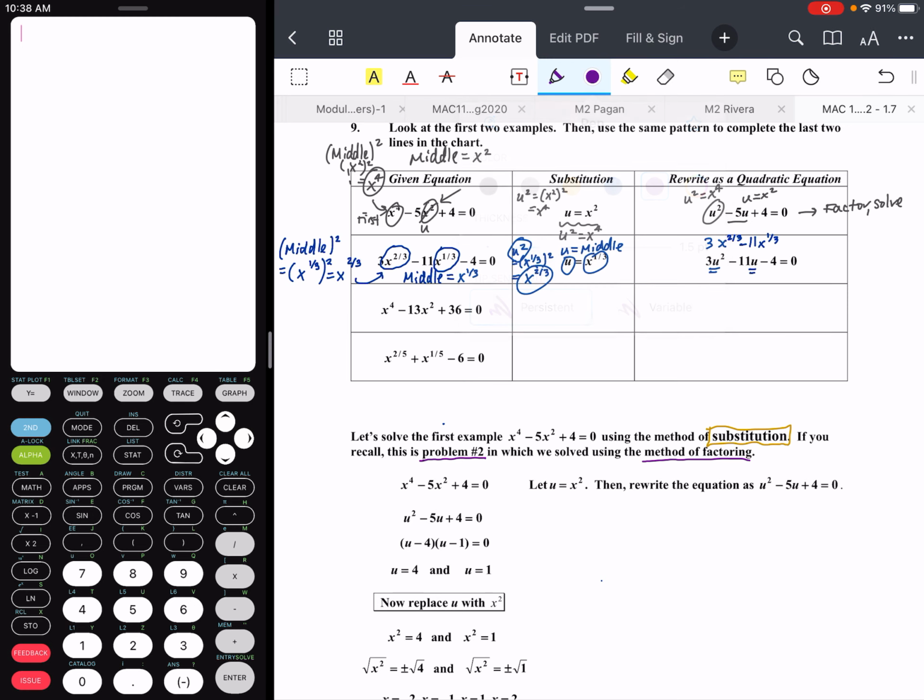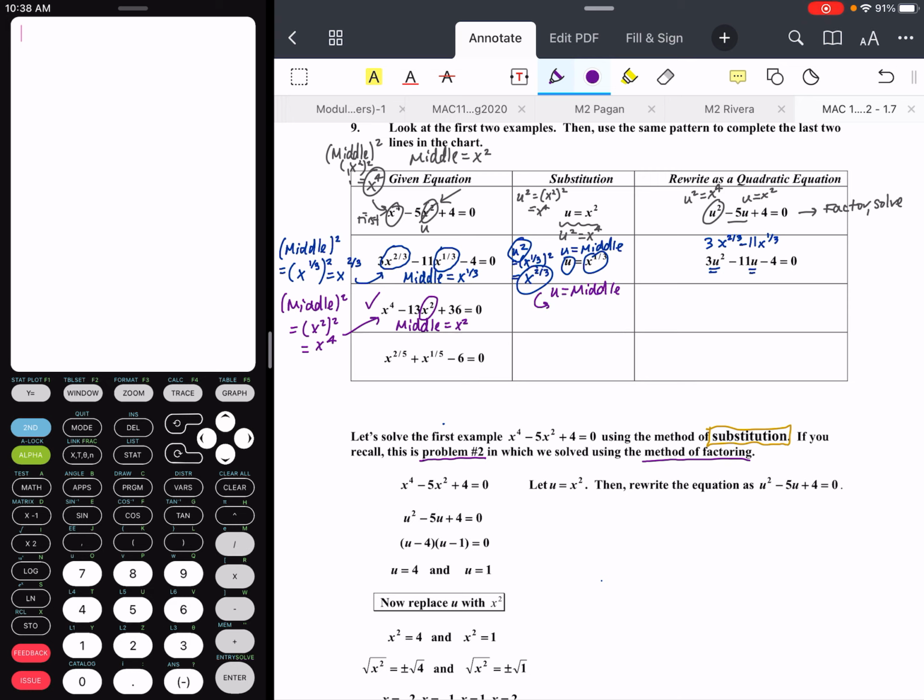All right, next example. x squared is my middle variable. If I square my middle variable, that's x squared squared, which is x to the 4th. So I do have an equation that's quadratic in form. I'm going to set u equal to whatever the middle variable is.